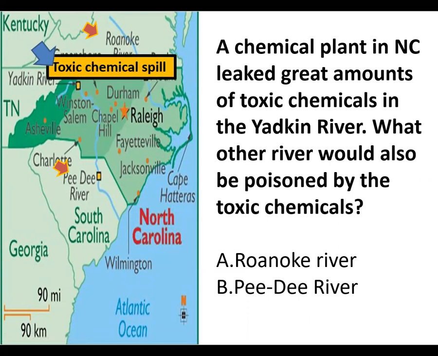If your answer is Pee Dee River, then that is correct, because the water flows downstream, and the water flowing downstream brings the toxic chemicals to the Pee Dee River and then into the Atlantic Ocean. So the answer should be Pee Dee River. Now, Roanoke River is above there, and water in a river flows downstream, not upstream.